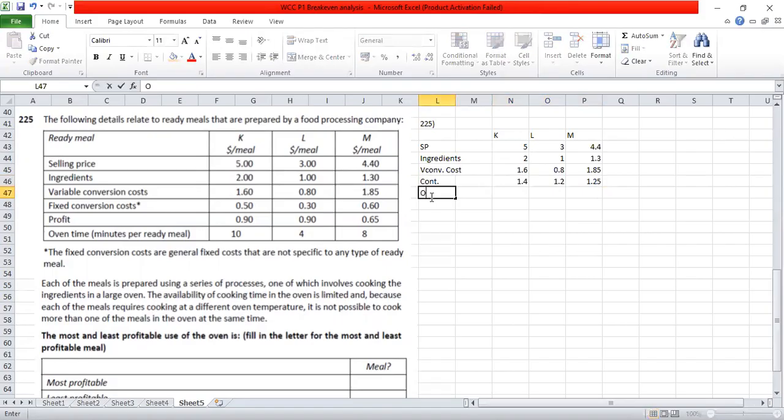What is the oven time? Oven time is given to us as 10 minutes, 4 minutes, 8 minutes. So contribution per oven time.